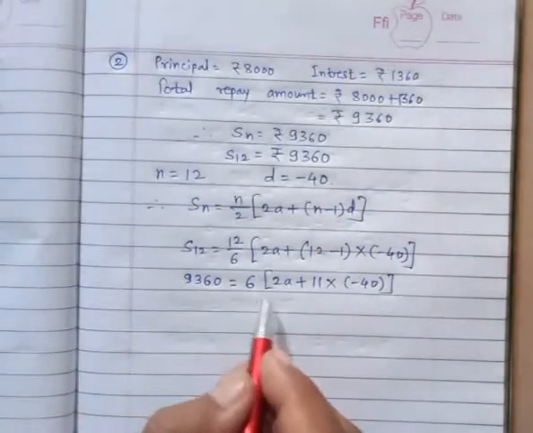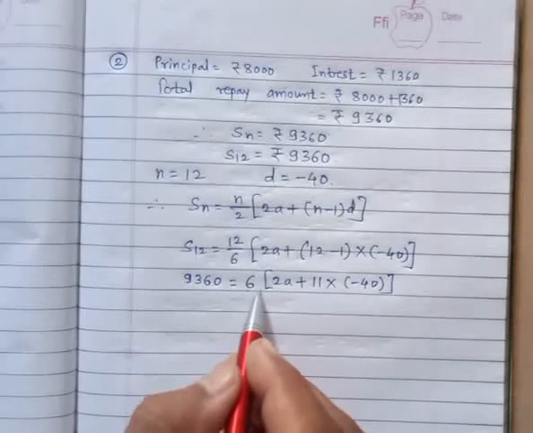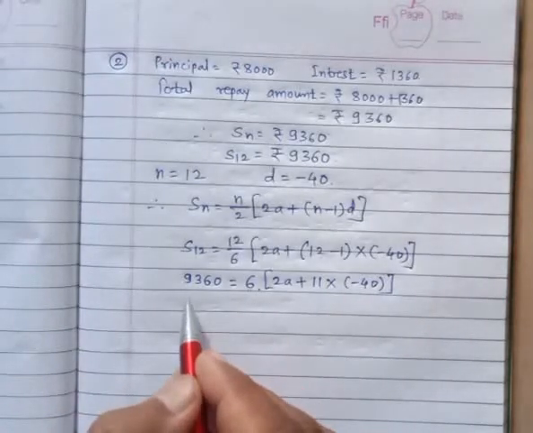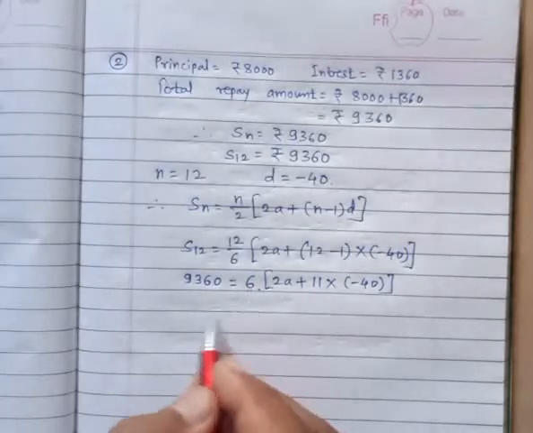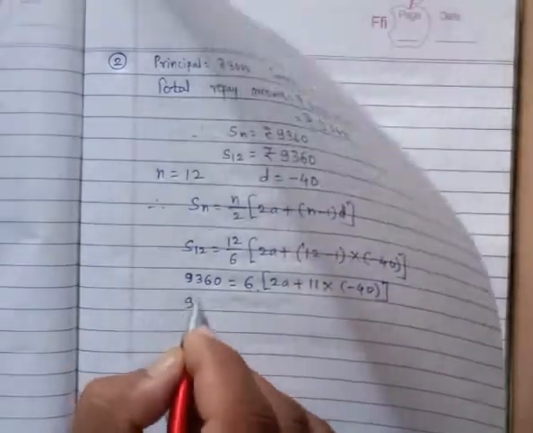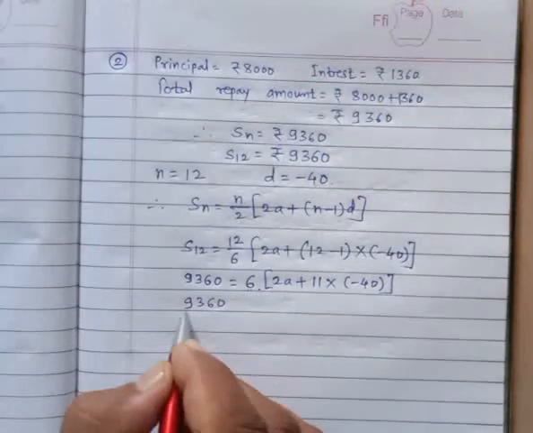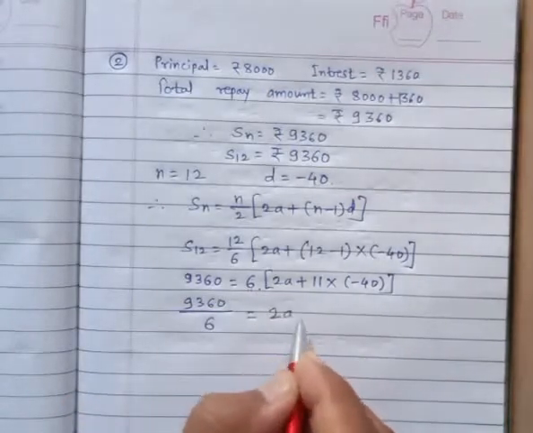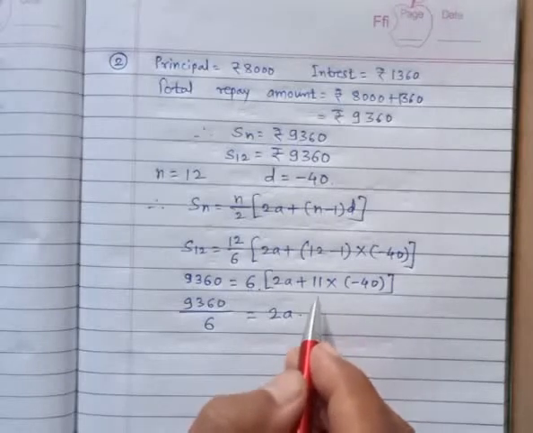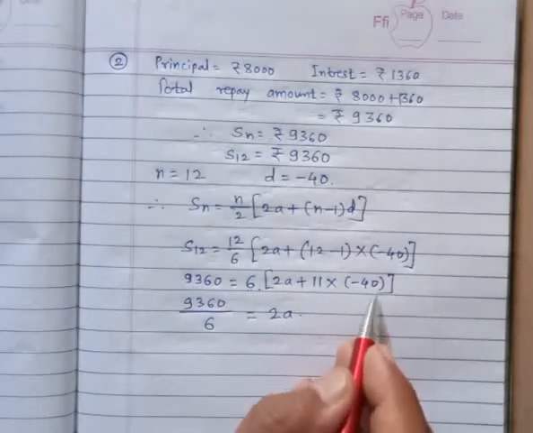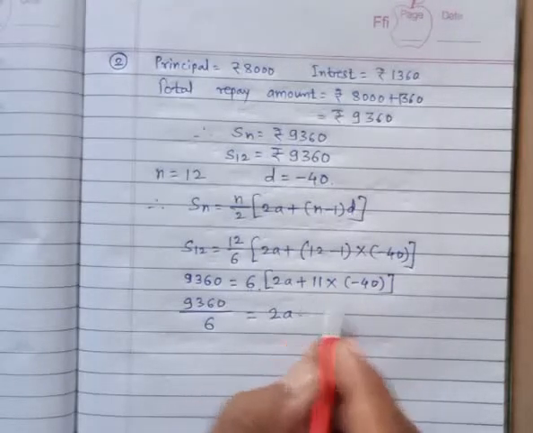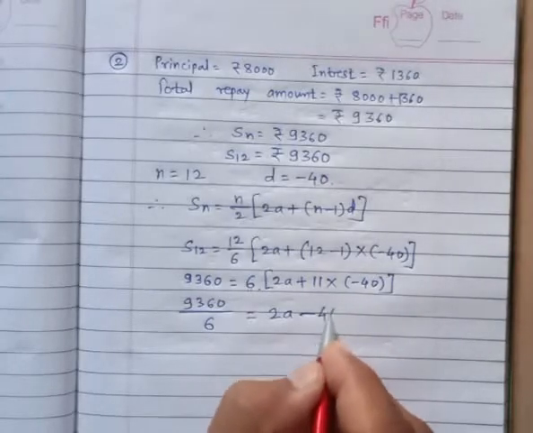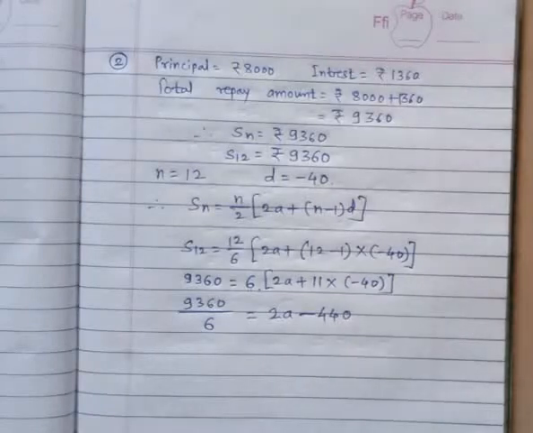Now this 6 and this bracket are related by multiplication. Therefore, put this 6 on the left hand side, so it becomes division: 9,360 divided by 6 is equal to 2a plus the product of 11 into negative 40, that is minus 440.